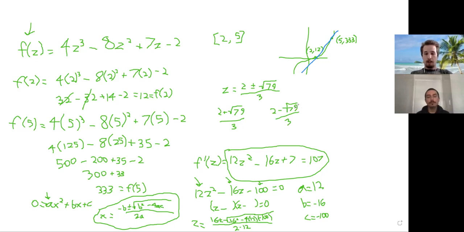But 2 minus square root of 79 is the same thing as 2/3 minus square root of 79 over 3. That's not going to fall in this interval. When you actually calculate this out using a calculator, you'll find that it's not actually in this interval. And so that's not an actual answer. This does fall in the interval of 2 to 5, so this is your answer.